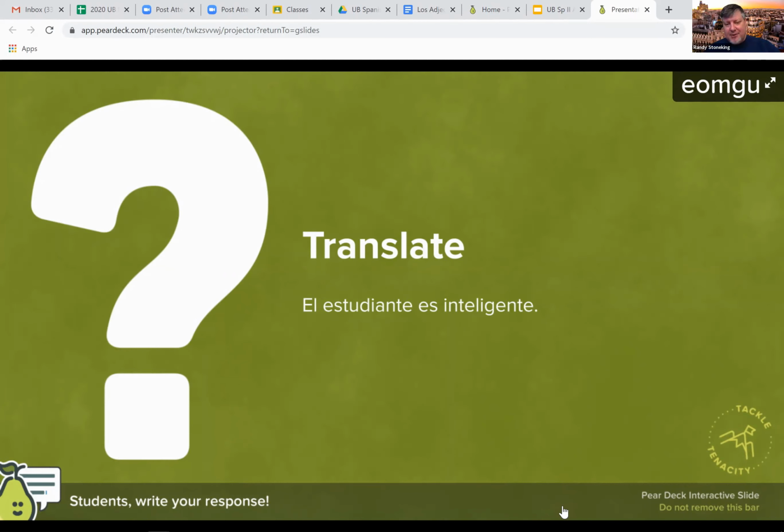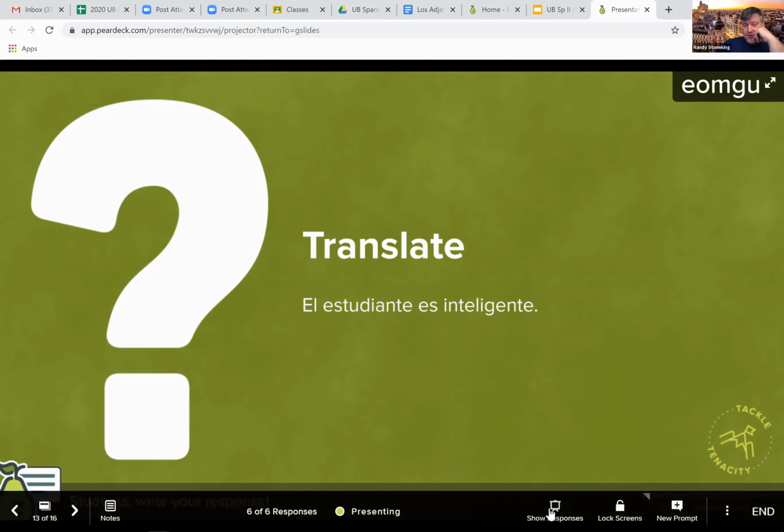I'm not saying translate it. I'm just saying change the sentence as you see it on the screen. If it's two people instead of one. So instead of the student is smart or intelligent, what if it's the students are smart or intelligent?